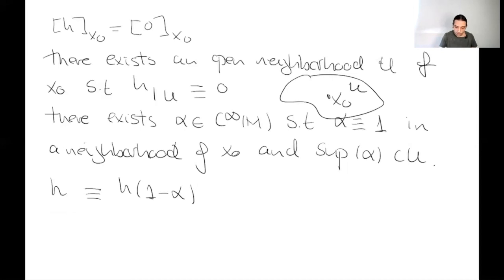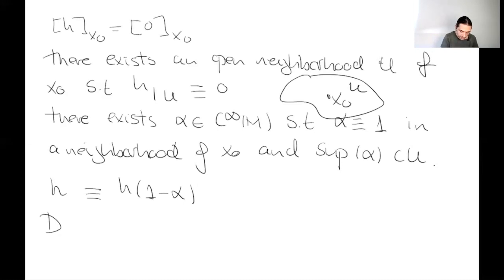And now we are going to use this result and the Leibniz rule to show that when we apply the derivation to h and we see what value it has at x0, that value is equal to 0. Okay?